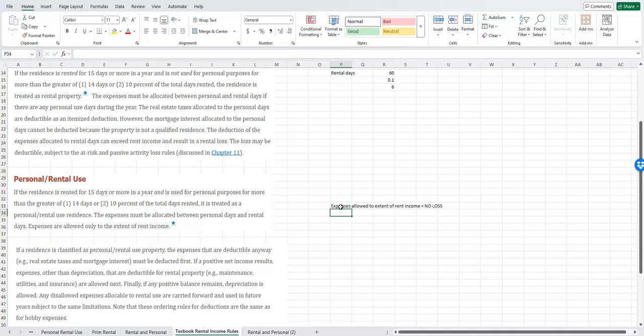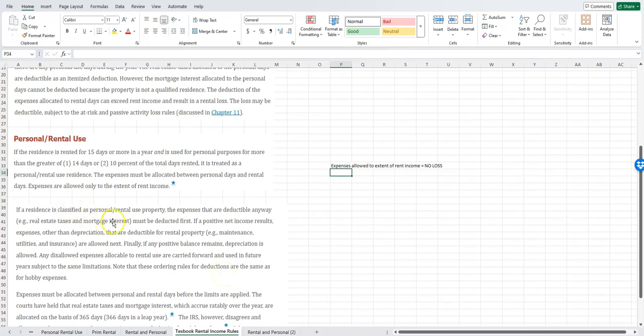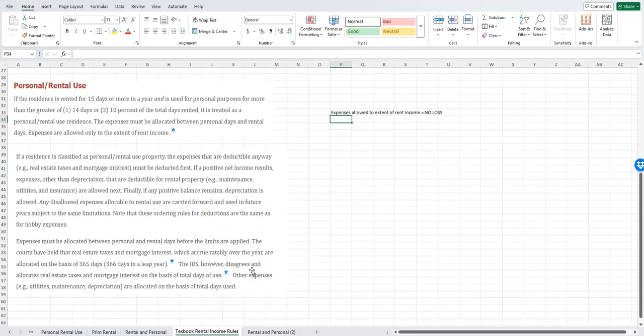And then it goes on to say if the residence is classified as personal/rental and the expenses are deductible, then it must be deducted real estate taxes and mortgage interest first, then maintenance, utilities, and insurance, and depreciation last. I'm going to show you why that's important, but just keep that in mind that we have to go in that order to get to our loss, if we have a loss.